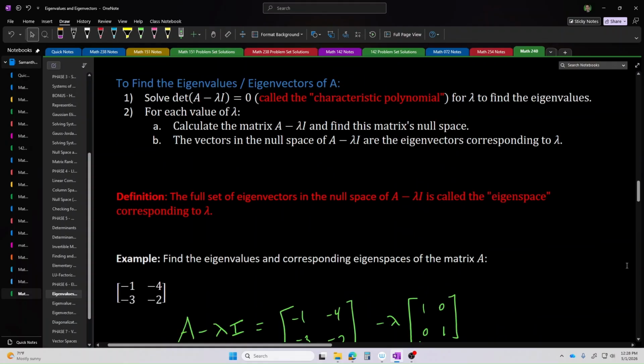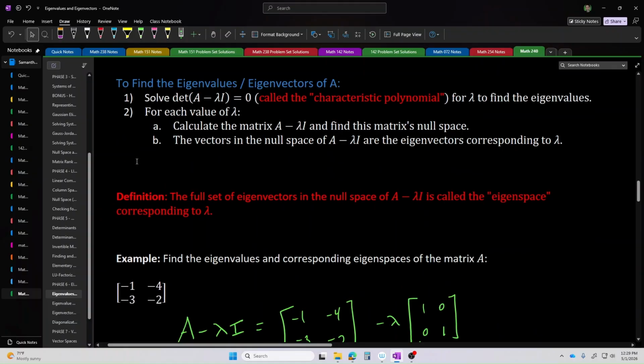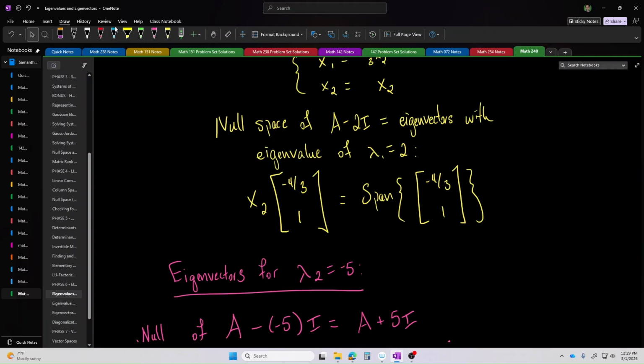We've also noticed that when we find the eigenvectors associated with any particular value of lambda, that value of lambda gives rise to an entire set of eigenvectors. Because this set corresponds to the null space of a certain matrix, this particular set of eigenvectors is sometimes called an eigenspace.